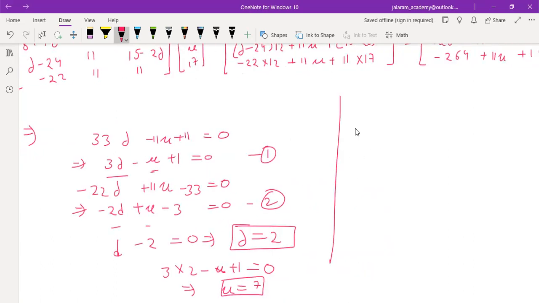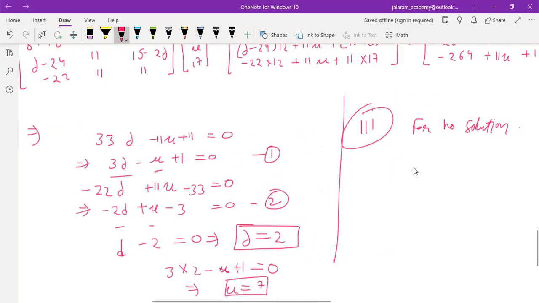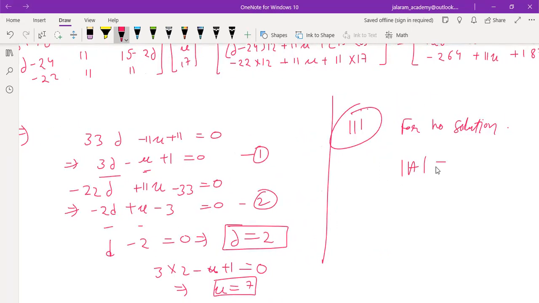And at the same time, we know that for the third condition, that is for no solution, determinant of A must not be 0 and adjoint of A into B is not equal to the null matrix.